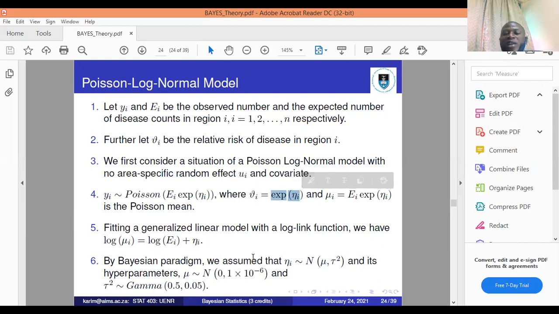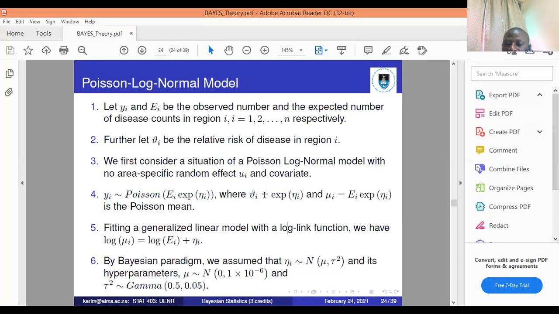We are trying to find a way by which we can relate the risk to the covariates. If there is a high risk in a particular region, what are the variables that are probably causing the risk in that region to be high? So we want to build the regression in there. So we introduce the exponent of eta in place of the relative risk of the disease.